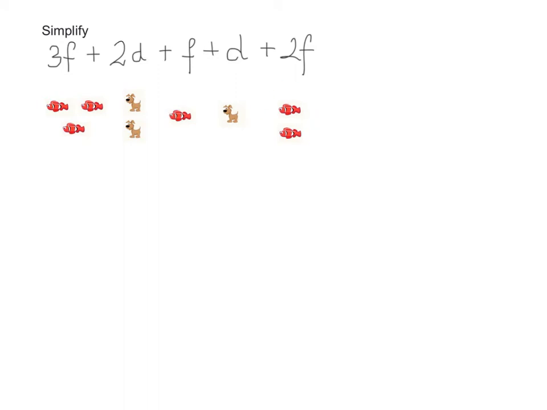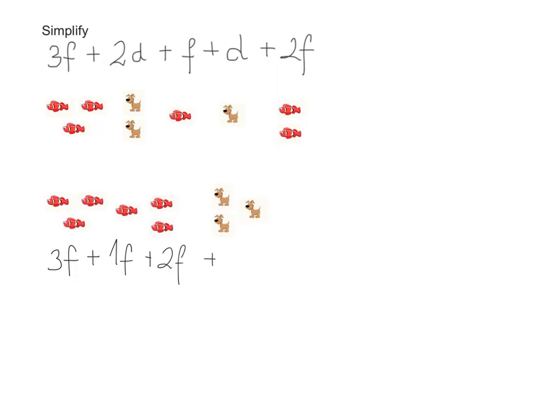So we need to group them first. So all fish together and all dogs together. And now we can write it down. We have 3 fish plus 1 fish plus 2 fish, and then plus 2 dogs plus 1 dog. Okay, so d means 1d, 1 dog.